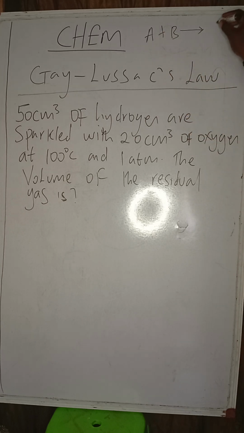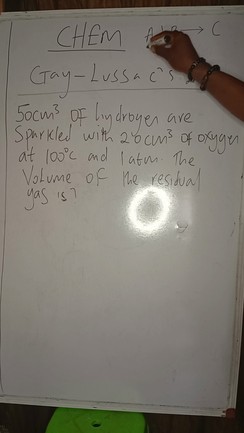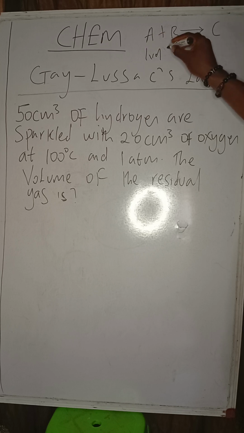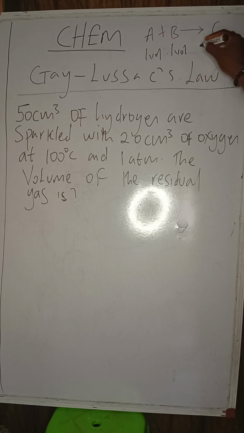If A and B should react to give C, it means that one volume of A reacts with one volume of B to give, let's say, two volume of C. So they do so in ratio of their reactant and with respect to their product. That is Gay-Lussac's law, also known as the Gay-Lussac's law of combining volumes.